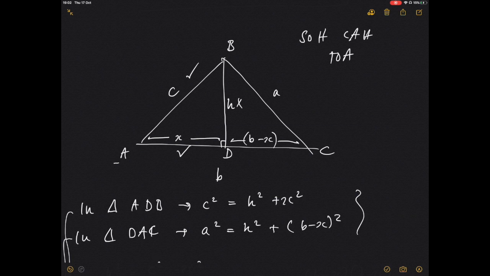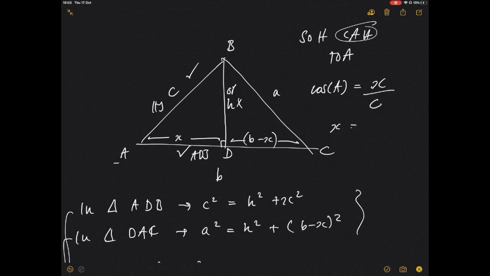We've got this triangle, and we know that this is our hypotenuse, this is our opposite, and this is our adjacent. So we really want something which is our hypotenuse and adjacent, which is cos. So we can say that cosine of A equals the adjacent, which is x, over our hypotenuse, which is c.